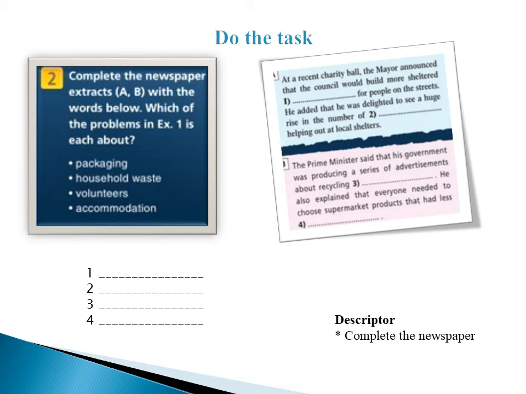Let's do the task. Exercise number 1. Complete the newspaper extracts with the words below. Which problem in exercise number 1 is each about? Packaging, household waste, volunteers, accommodation. Complete the newspaper extracts, please.